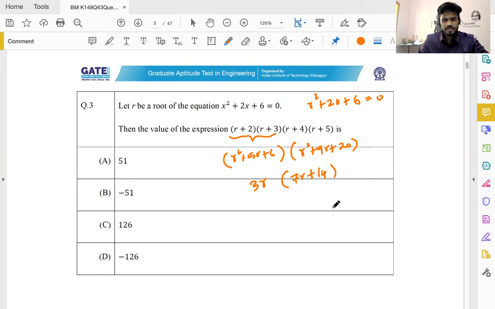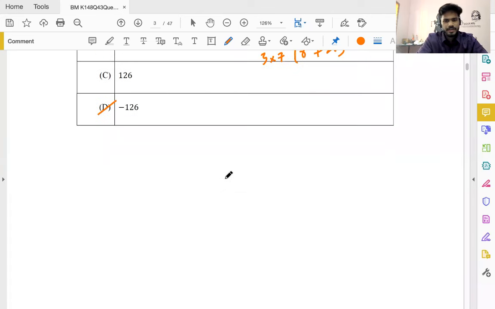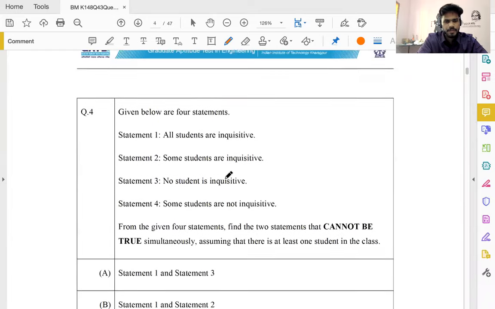Again, this is R square, a few things down the line. If you take R common, this is 3 into 7 into R square plus 2R. So this term is minus 6, so it comes to minus 126. Another standard question. We have seen this again and again, so not an issue here.